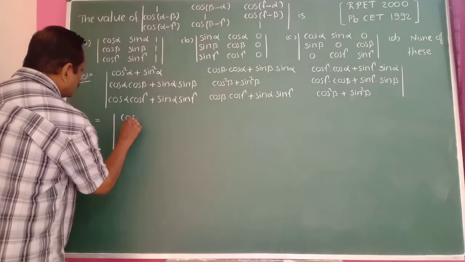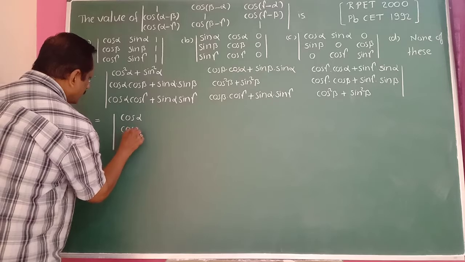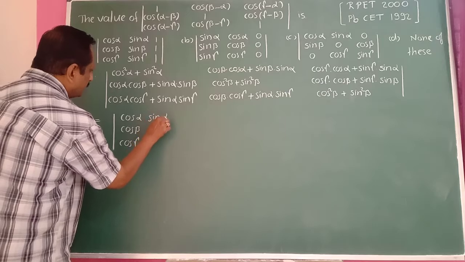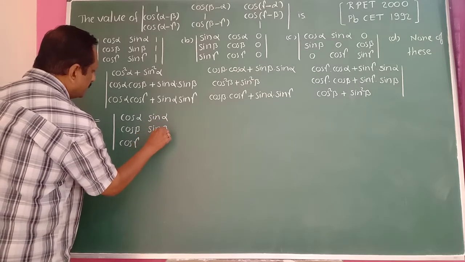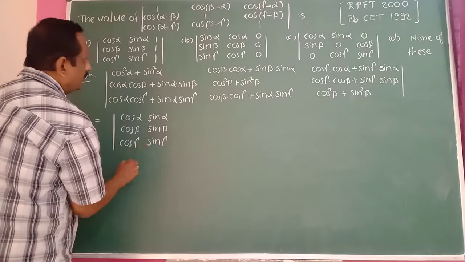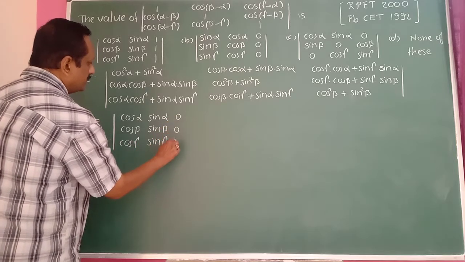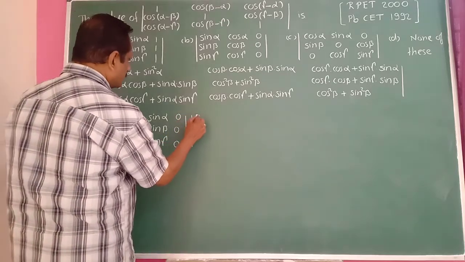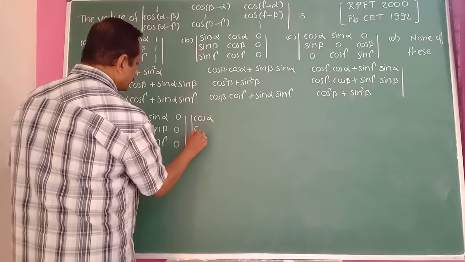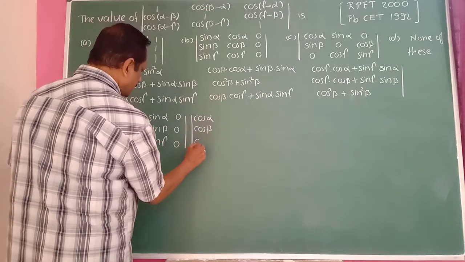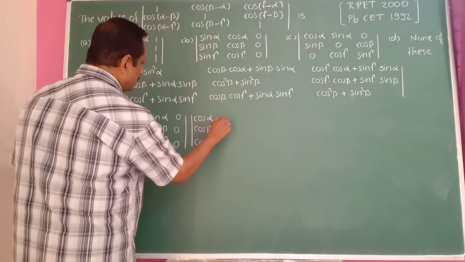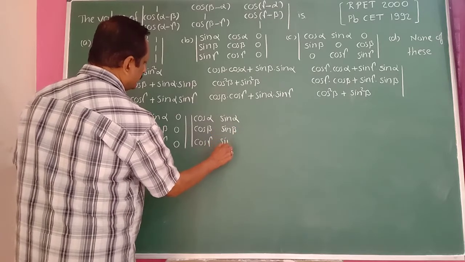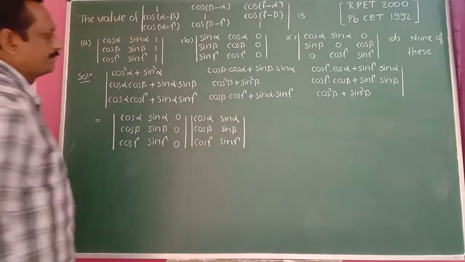Determinant of cos alpha, cos beta, cos gamma; sin alpha, sin beta, sin gamma; and here 0, 0 and 0, into the determinant of cos alpha, cos beta, cos gamma; sin alpha, sin beta, sin gamma. Okay.